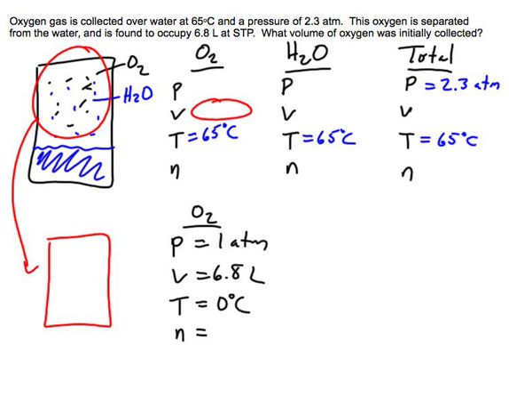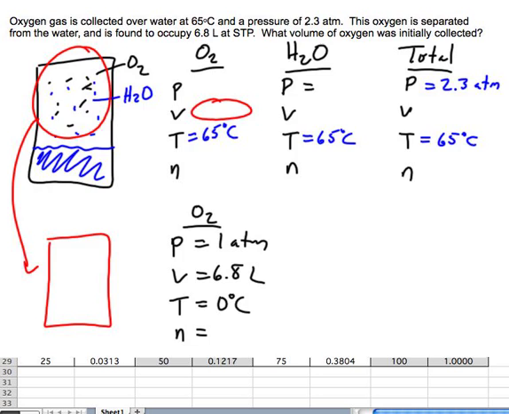We're ultimately looking for the volume of oxygen initially collected, this value here. We have to figure out how to get there somehow. As it stands, there's not currently enough information to solve the problem. We need more. Anytime something's collected over water, we know the pressure of the water because we know the temperature of the water.